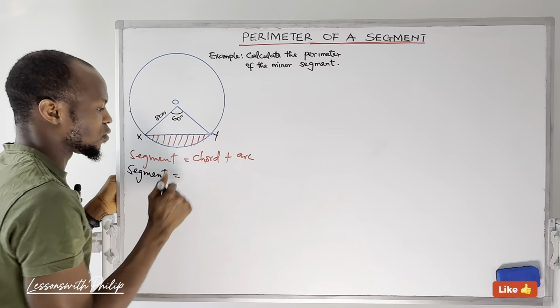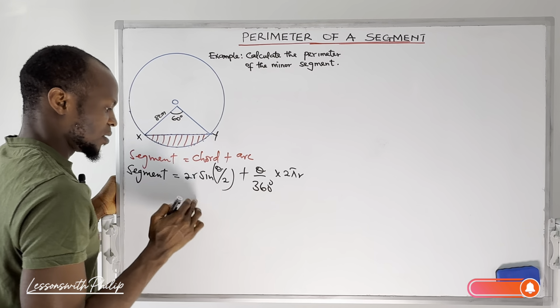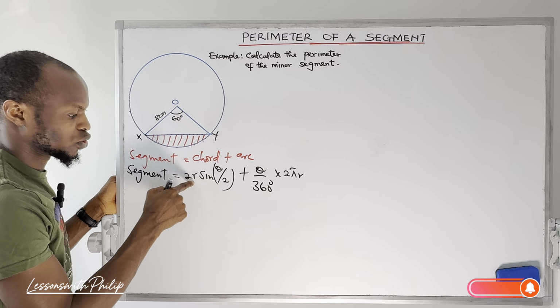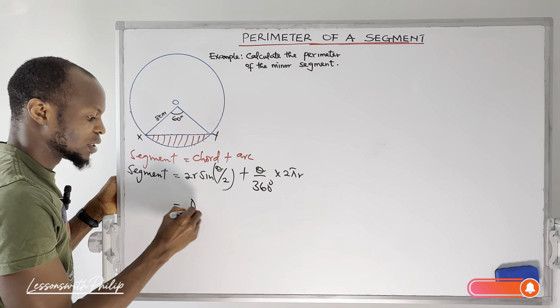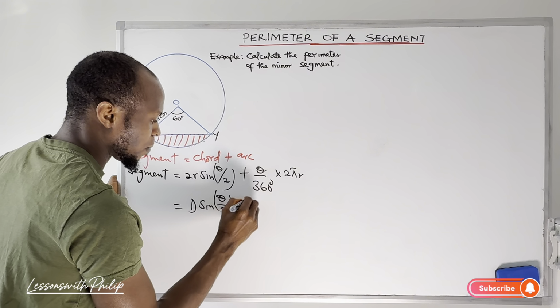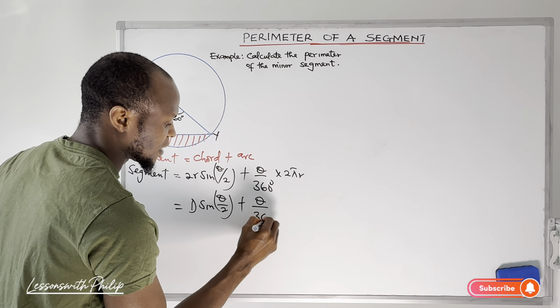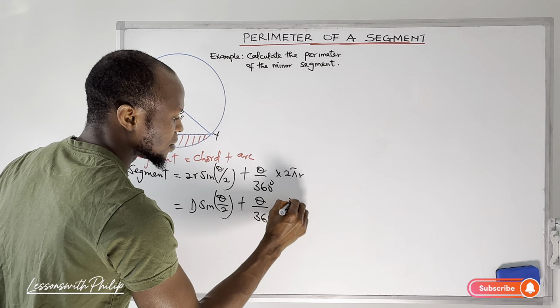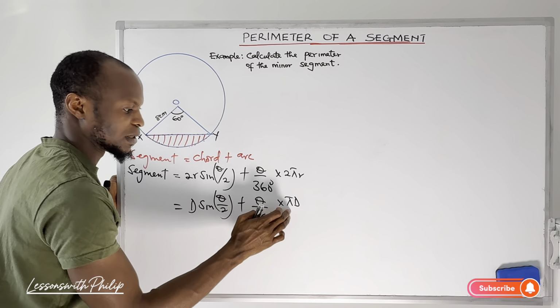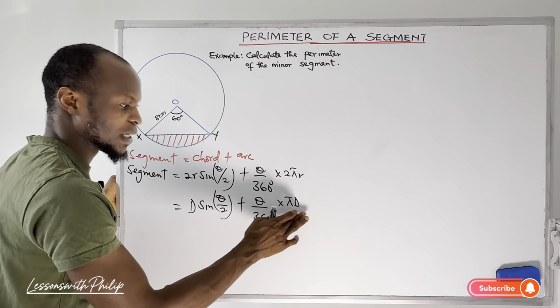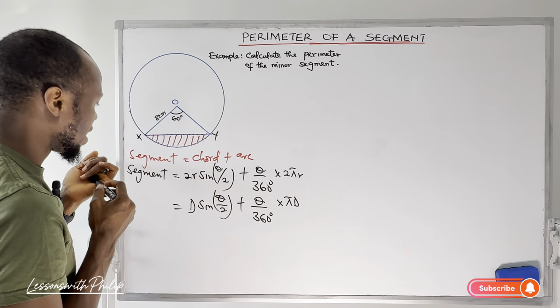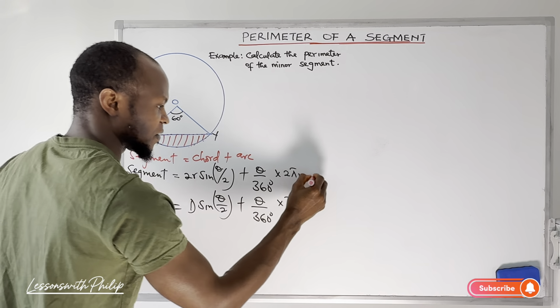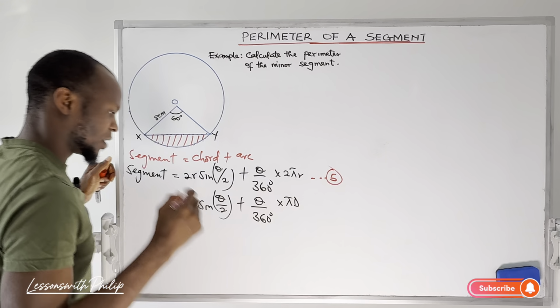The formula to calculate my arc is theta over 360 multiplied by 2 pi r. Some people can use diameter instead of 2r. If you're given diameter, it is sine theta divided by 2 plus theta over 360 multiplied by pi times diameter. This is our fifth formula. This is number 5 that you need to take note.